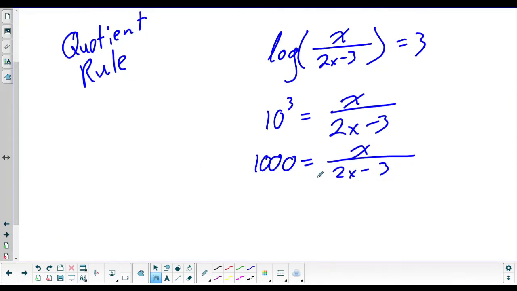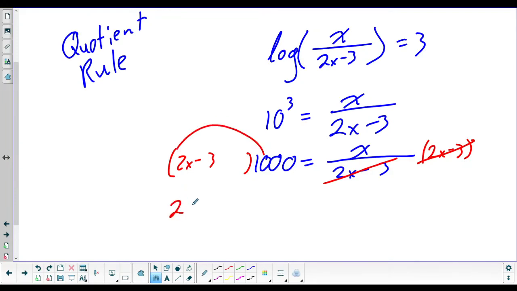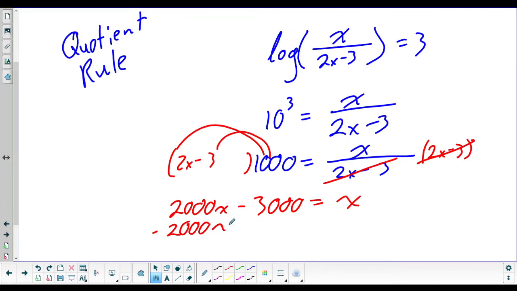Now we're going to multiply both sides by the denominator, 2x minus 3. These cancel. 1,000 times 2x is 2,000x. 1,000 times negative 3 is negative 3,000. Equals x. Actually, let's just move these 2,000 x's over. So subtract 2,000x just to get our x's together.